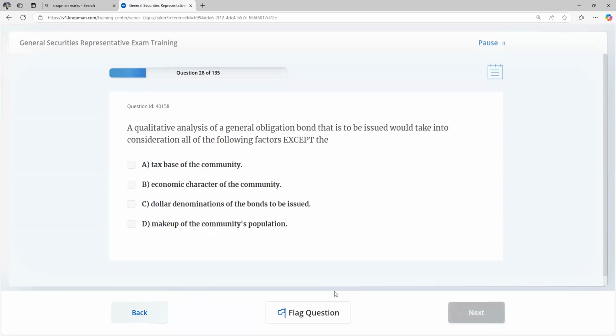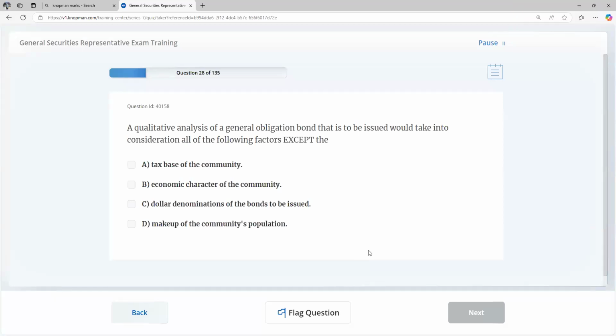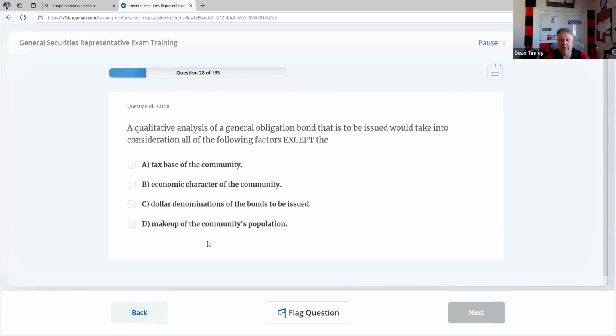Very testable. A qualitative analysis of a general obligation bond to be issued would take in all the following factors except. I feel like it's the economic character of the community, or D, but I don't think it's A or C, because they're asking what would be involved in qualitative analysis.